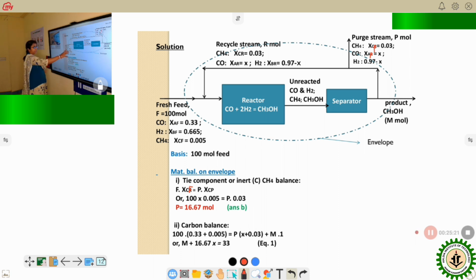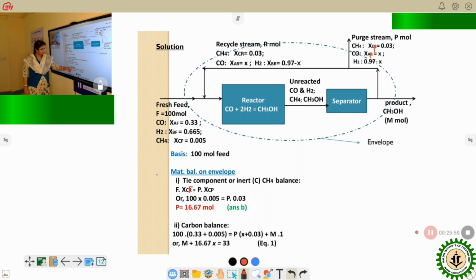Drawing this envelope, the single inlet stream is the fresh feed, and two outlet streams are present. The total reactor, separator and mixing point all come under the same single unit when we draw this envelope. So the inlet stream will be only the fresh feed, and the two outlet streams are the purge stream and the product stream.